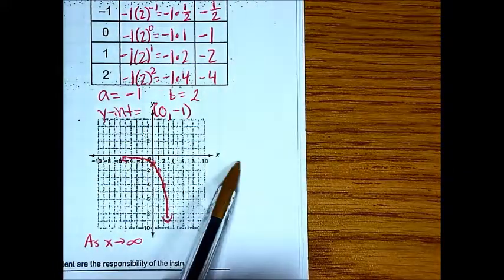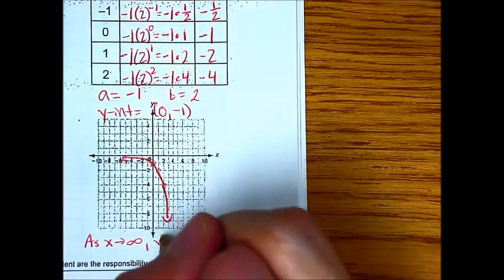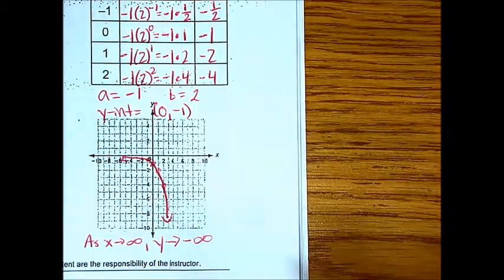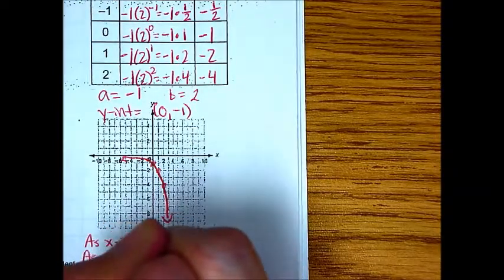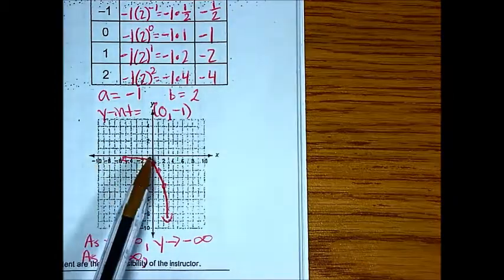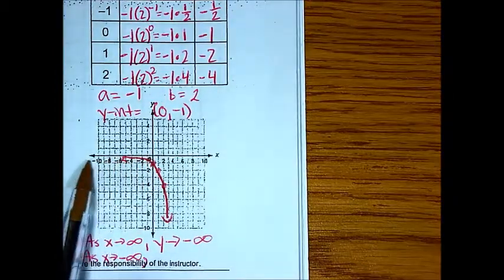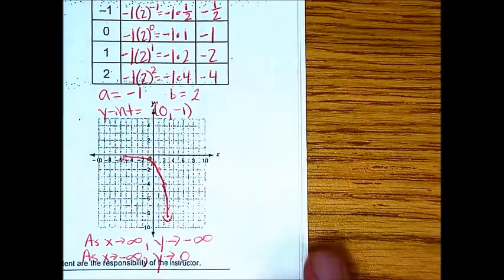As x approaches infinity, what's your y doing? Down, down, down, down, down. Y approaches negative infinity. As x approaches negative infinity, which is the left end, this comes up the y-axis almost to 0, but it never gets there. It approaches 0.